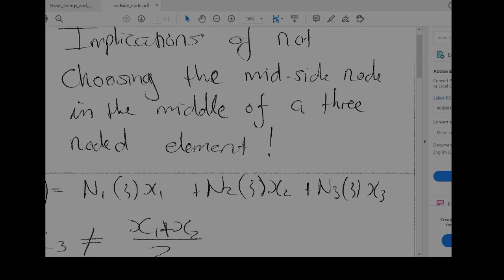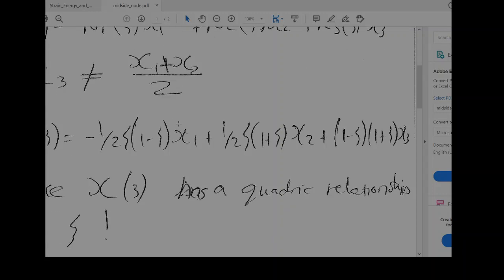And what I want to show you is how we get mesh distortion. Later on we'll talk about mesh distortion again, but this is essentially the consequence of a distorted mesh in 1D. When we do this, first off, we can use the isoparametric formulation to write that relation between x and psi. This is what we get.